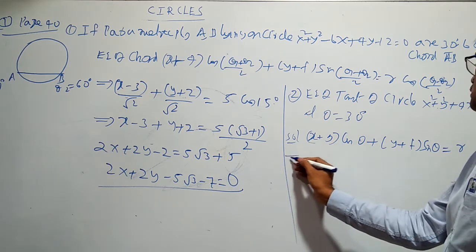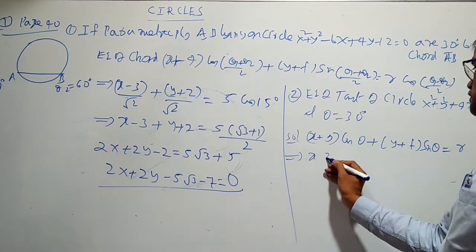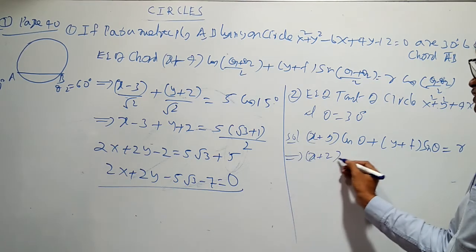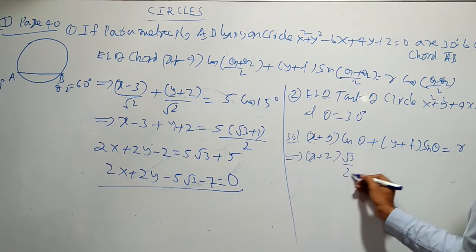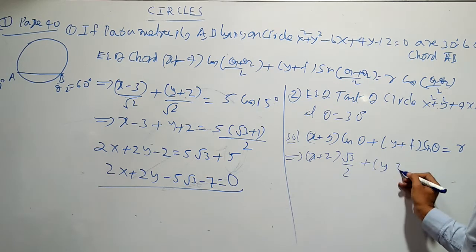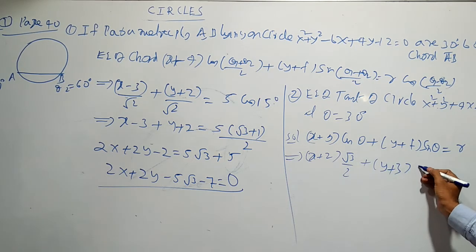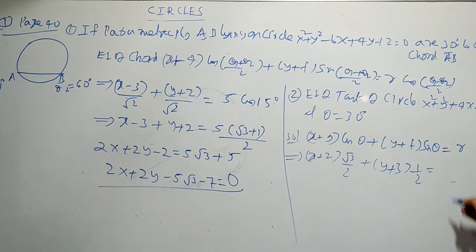So what is g here? x plus 2 into cos 30, value root 3 by 2, plus y plus 3 into sin 30, value 1 by 2, is equal to r. r is root of 4 plus 9 plus 39, 13 plus 39, 52. Root 52 you can write as 2 root 13.